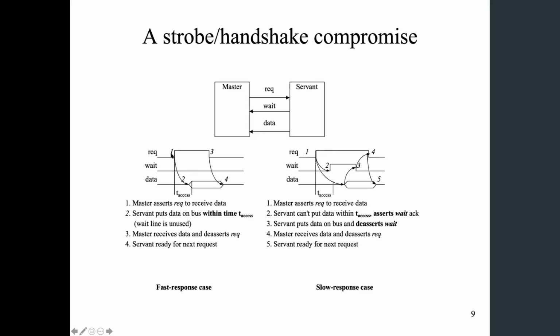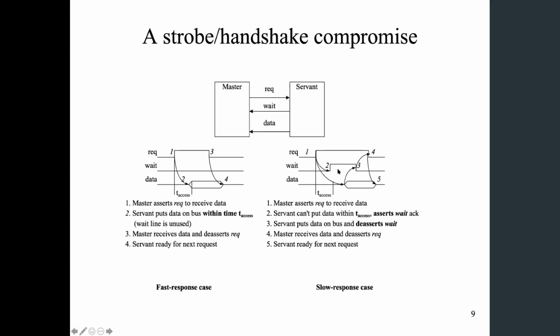If we still follow the first protocol here, then the master would try to read data on the data bus, which is invalid at this point, because you can see here the data is invalid during this time frame. So that's not safe for the master to read.